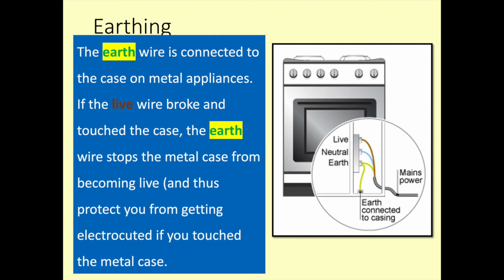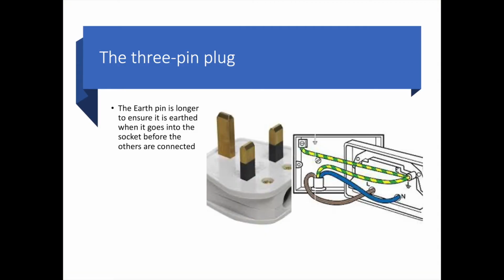So this is in order for if our live wire broke and ended up touching the metal case, the earth wire is going to stop this metal case from becoming live and therefore protecting us from getting electrocuted if we were to touch the metal case. 3-pin plugs, so this is the common plugs that we use in the UK, and what I'm going to show you is what they look like on the inside, and also highlight the fact that our earth pin is longer to ensure that when we are plugging in our plugs, it's earthed before the live wires are connected.